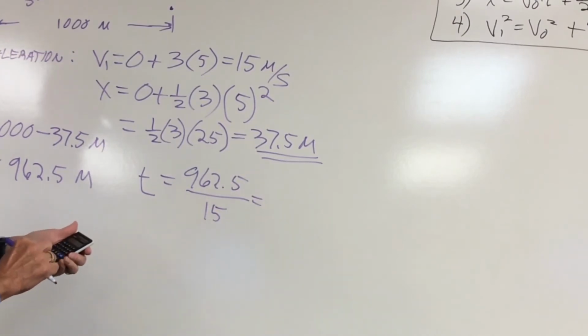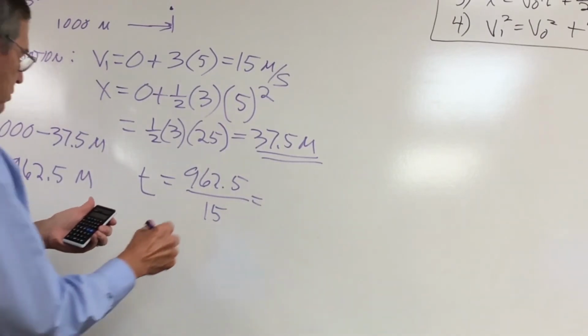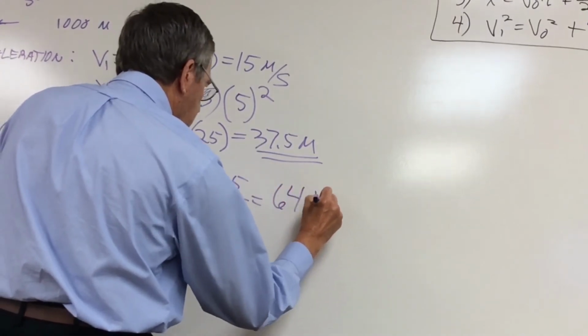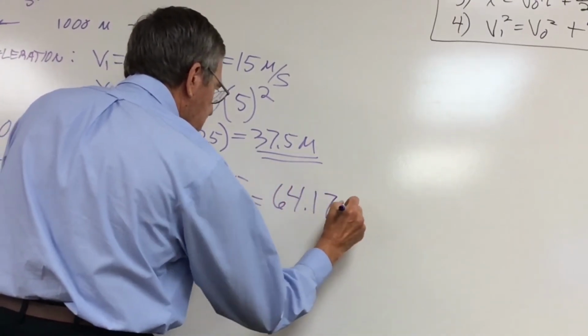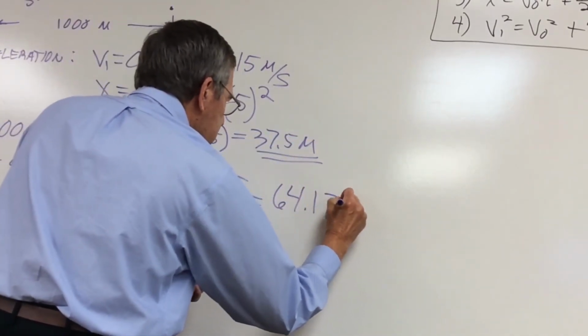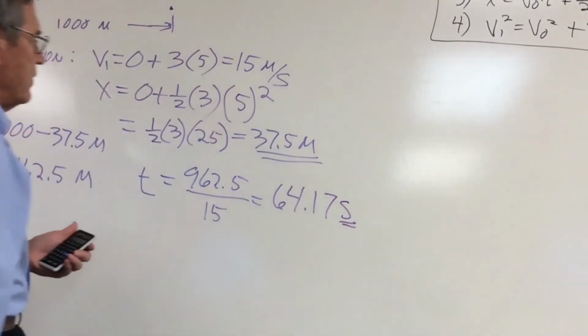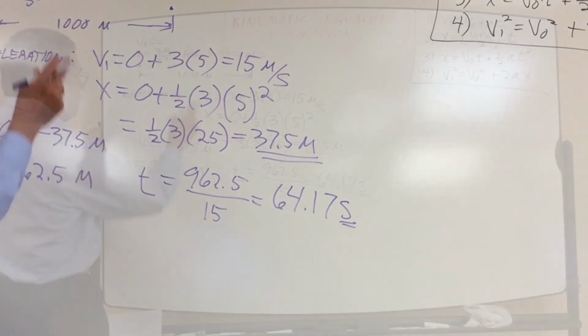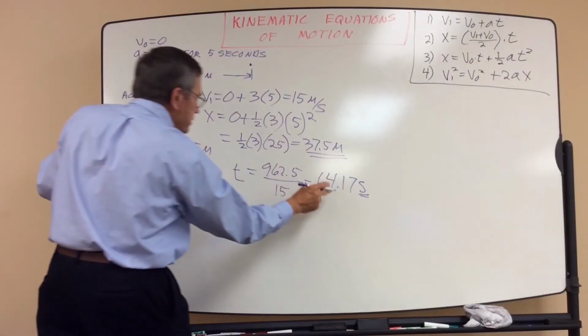962.5 divided by 15 comes up to 64.17, rounded off, seconds. Okay? So what was our total travel time? Our total travel time would have been the 5 seconds plus this.